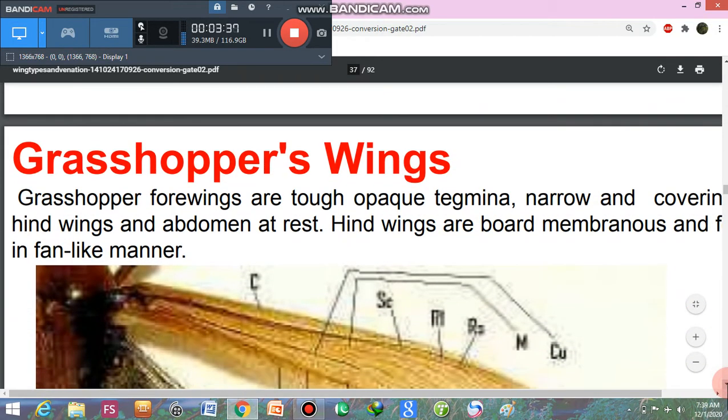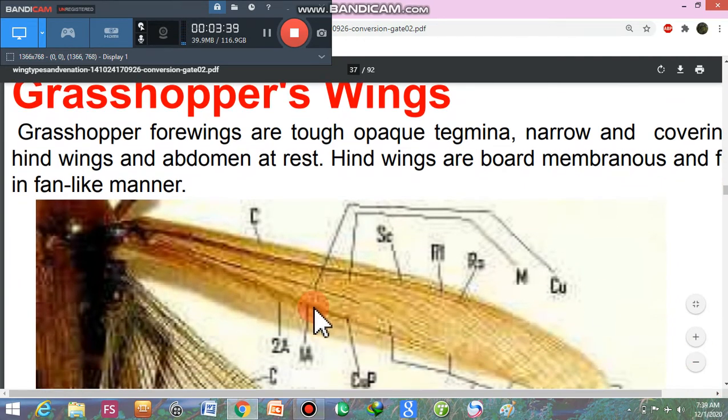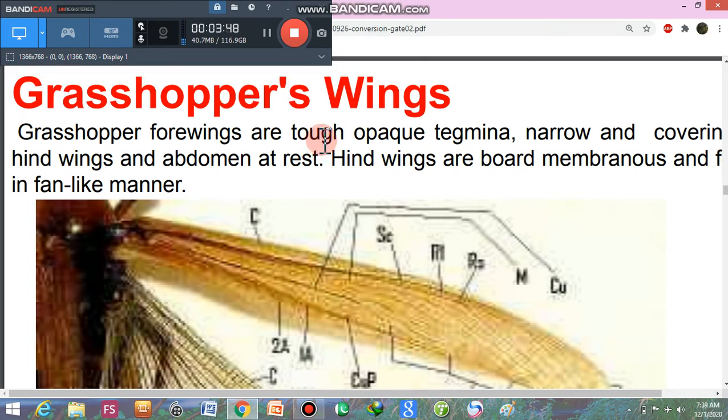Next is the grasshopper wing. Grasshoppers have four wings. The forewings are tough, just like wood, and have an appearance like wood. Tough, opaque tegmina, narrow, covering the hind wings and abdomen at rest.